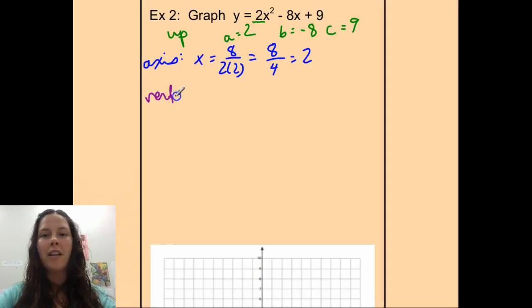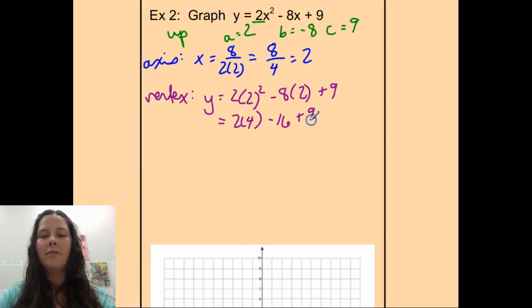Substituting that value back in to find our vertex. Y equals 2 times 2 squared minus 8 times 2 plus 9. Squaring our 2 first, we get 4. Negative 8 times 2 is negative 16. 2 times 4 is 8.